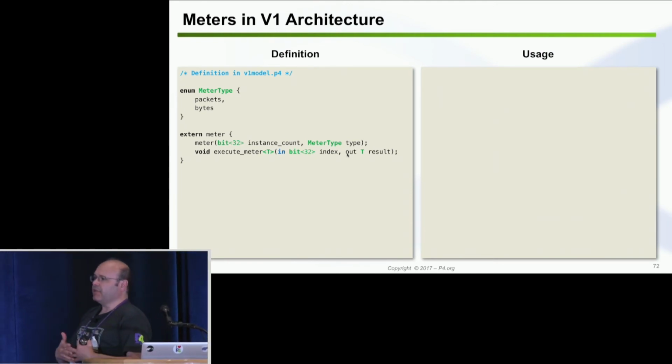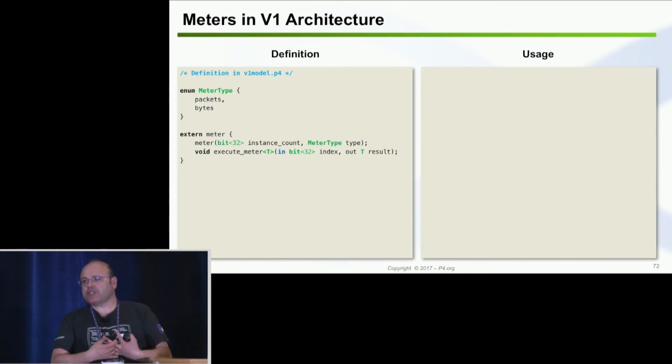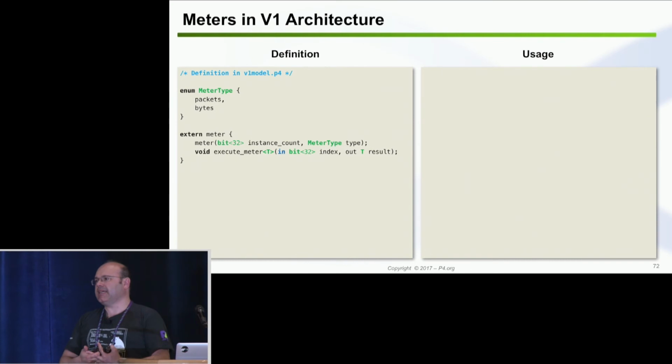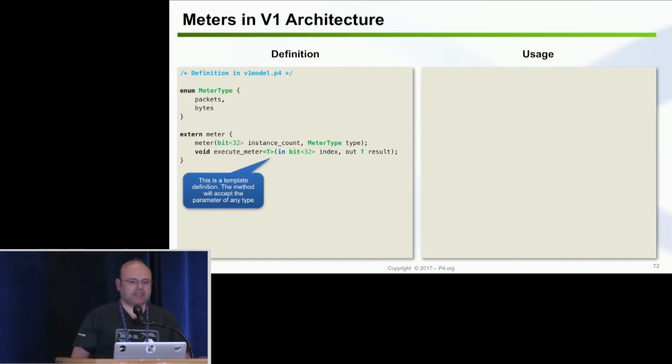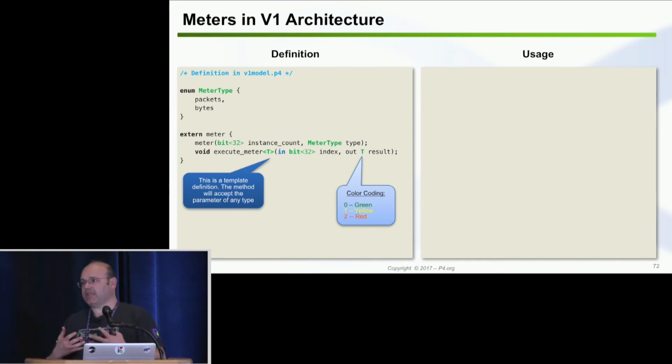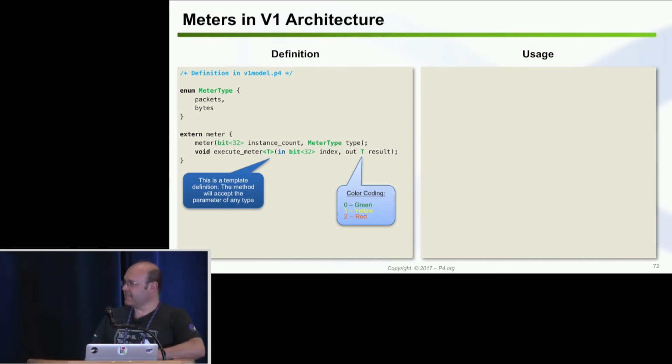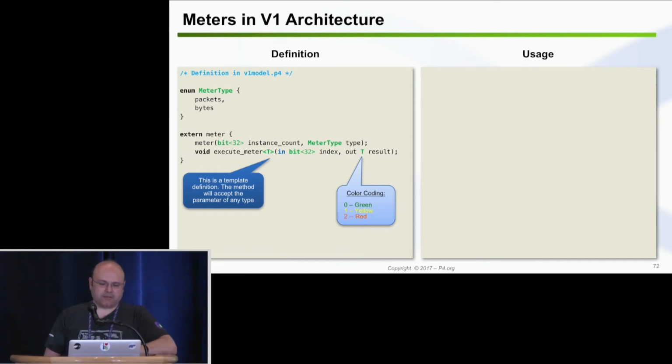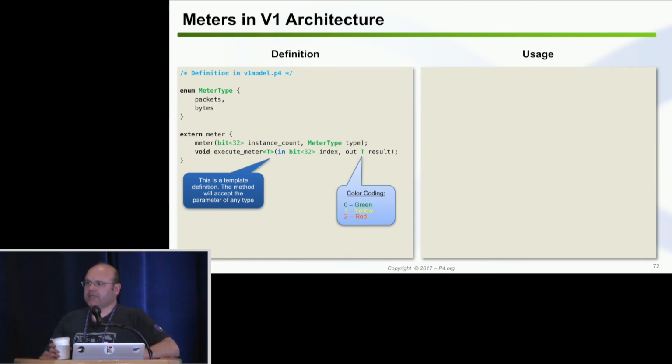And meters have only one method, which is execute meter. What this method does is it basically calculates the color of the packet. If we're talking again about V1 architecture specifically, it encodes that as I put here: green is 0, yellow is 1, red is 2. On any particular hardware, on any particular architecture, the encoding could be different.